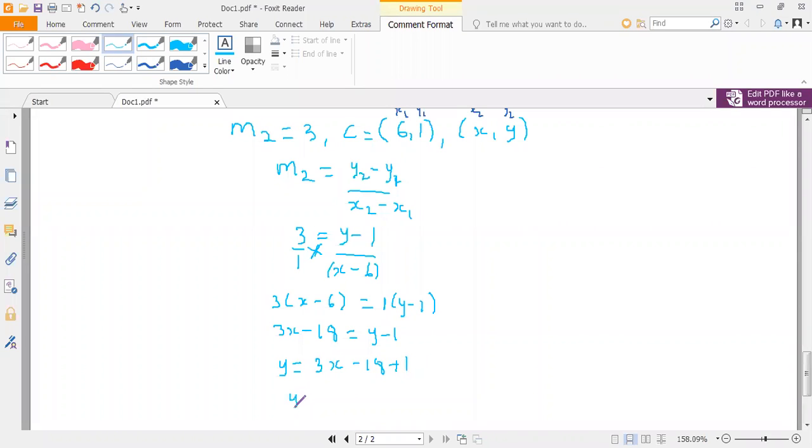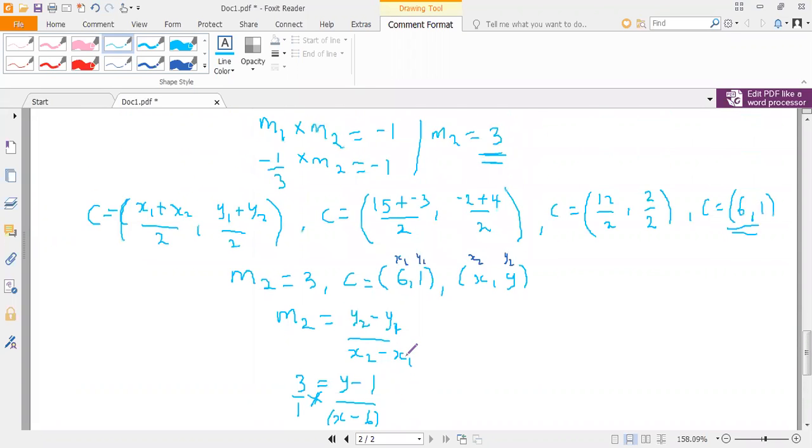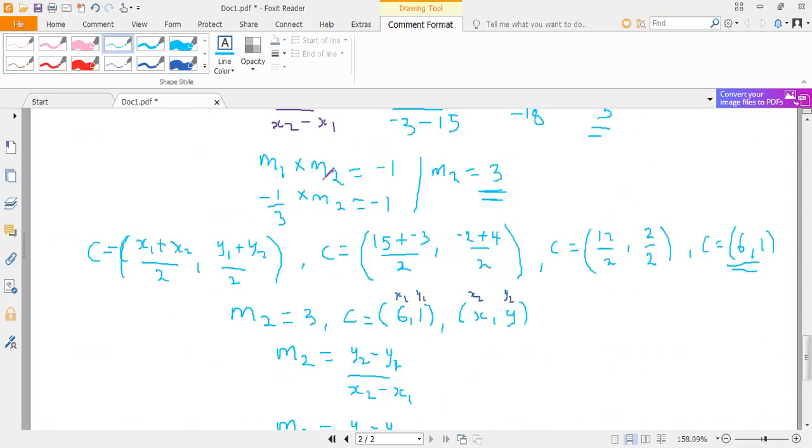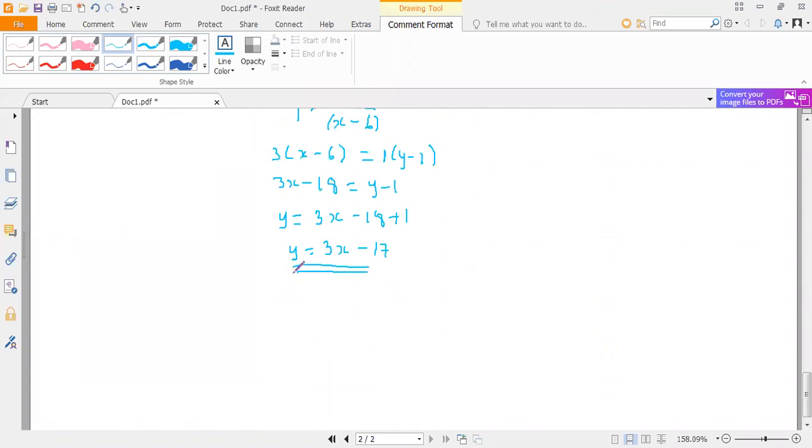So our equation becomes y equals 3x minus 17. So this is the equation of the perpendicular line to the line AB, which passes through points A and B. So what we've got is the equation of the perpendicular bisector to the line AB.